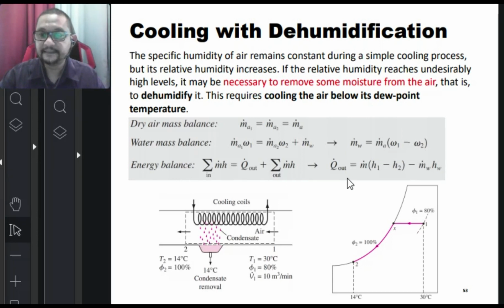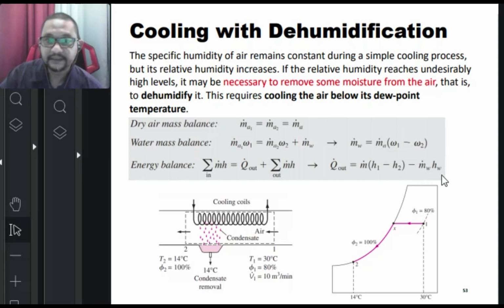Energy balance, neglecting potential and kinetic energy, you only have Q dot out equal to m dot a (h1 minus h2) minus m dot w h_w.